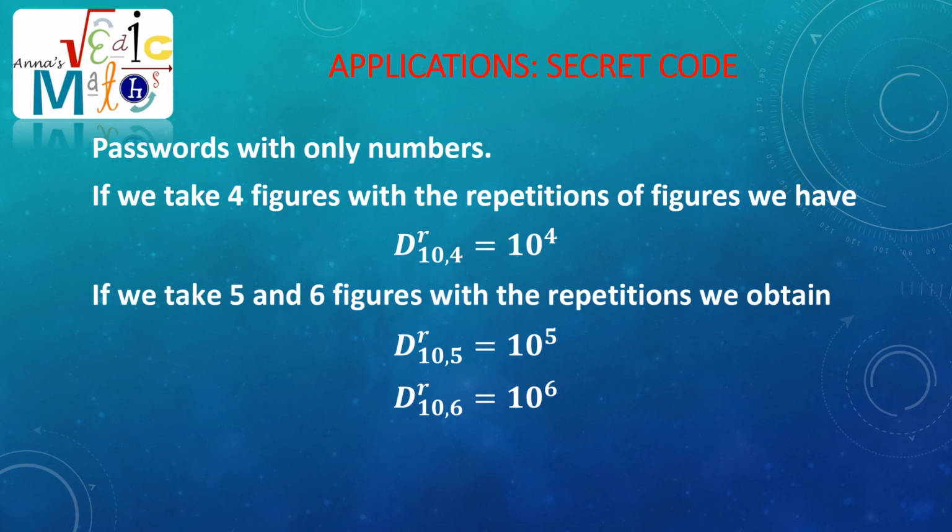If we take 5 figures, we have the disposition with repetition of 10 elements taken 5 at a time, 10 raised to the 5th. If we take 6 figures, we have the disposition with repetition of 10 elements taken 6 at a time. It is 10 raised to the 6th.